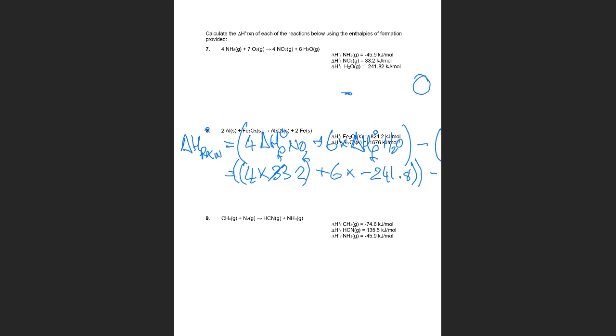So keep everything clean. 4 times negative 45.9 plus 7 times 0. And I could do one of those calculations in my head. I know that 7 times 0 is still 0.